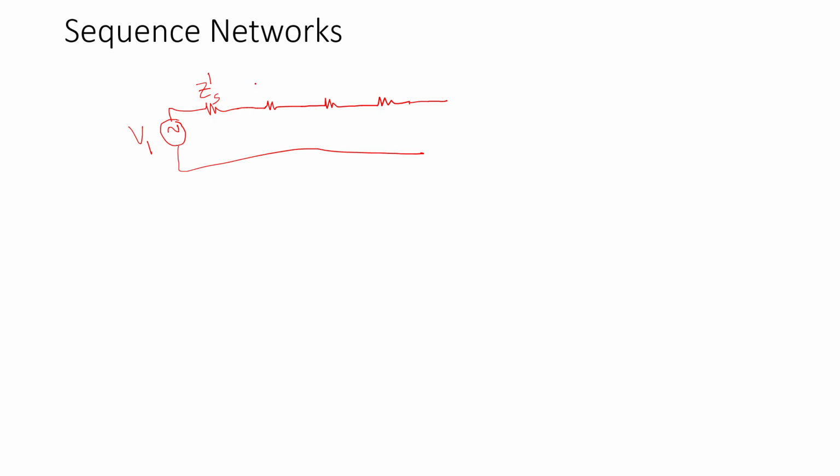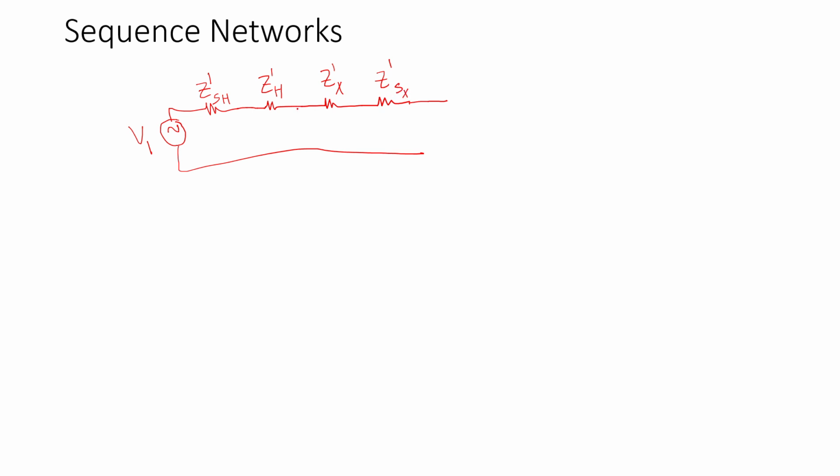For instance, this is the transformer, so I'm going to call it Z1H. This is the low side, so I'm going to call it X. This is the system, but these are two different impedances, and I just don't want to cause confusion.